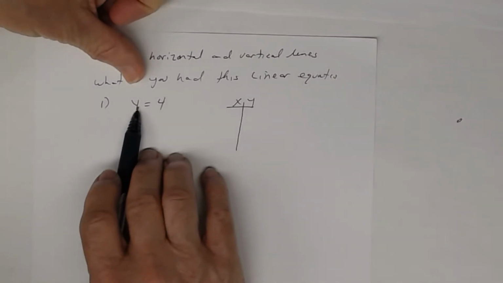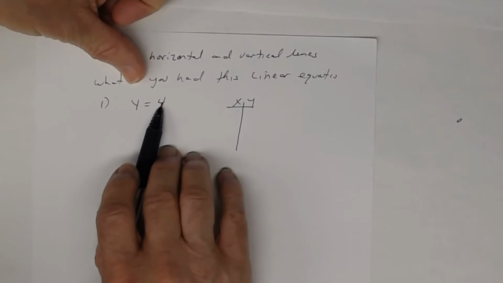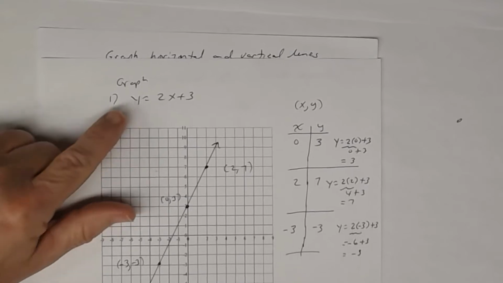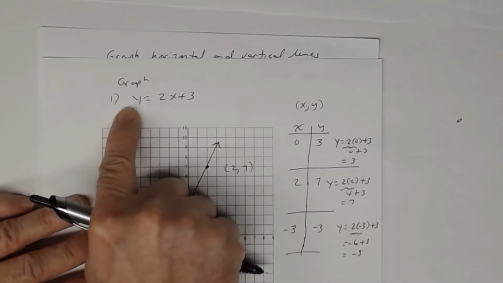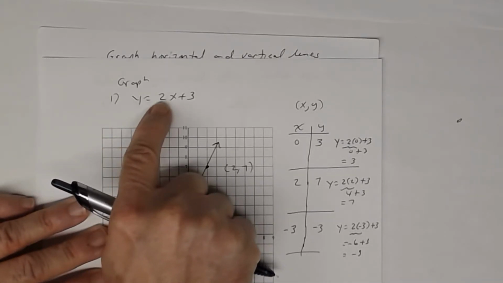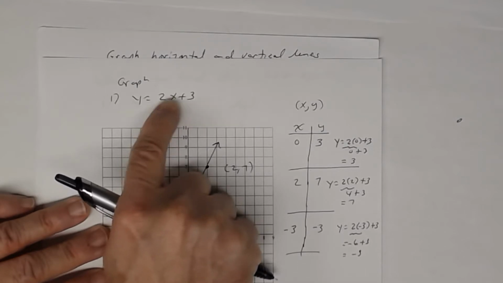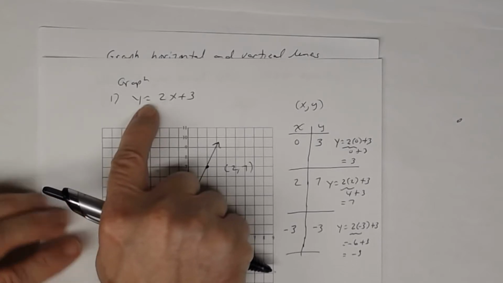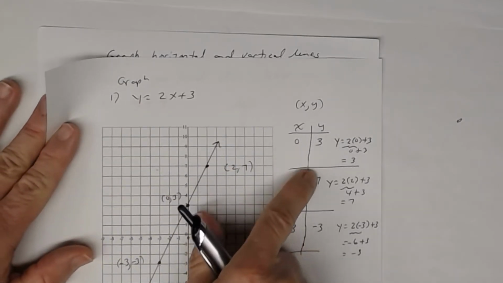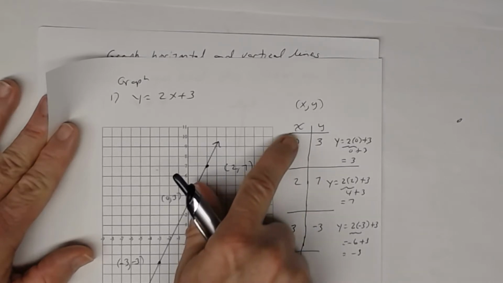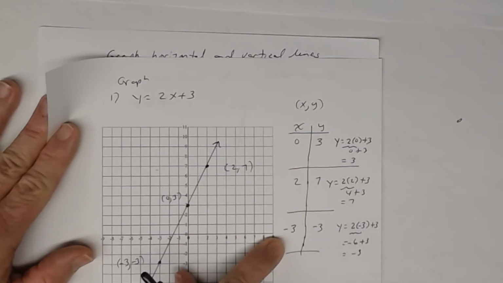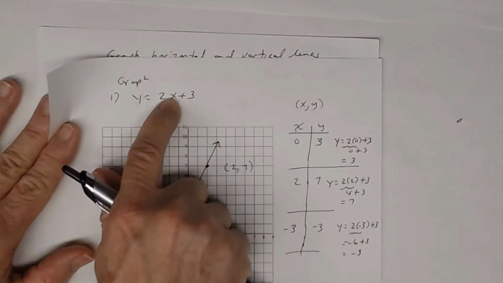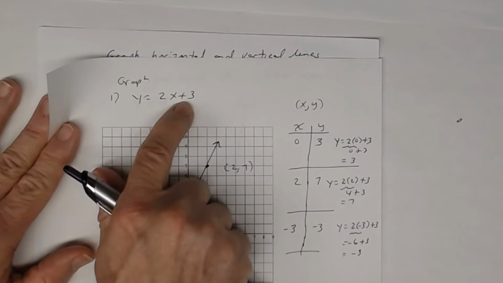This says y is equal to 4. When I grabbed this other equation, it says y is going to equal whatever x is times 2 plus 3. So y changes whenever x changes. To get the value of y, I'm going to multiply x by 2 and then add 3.